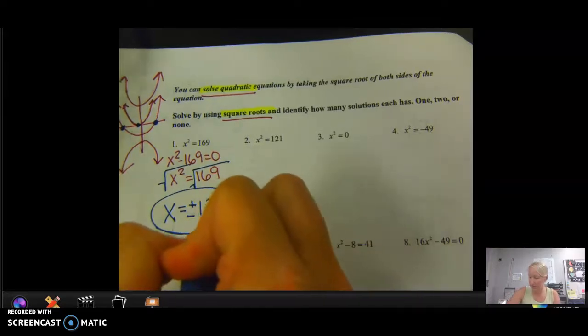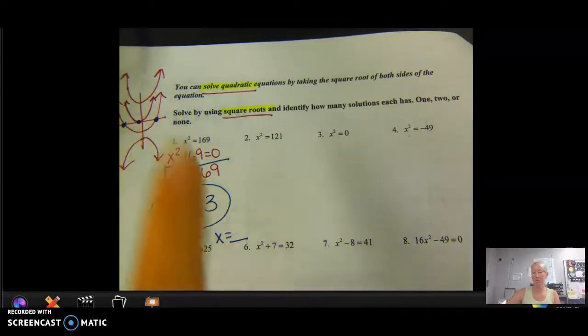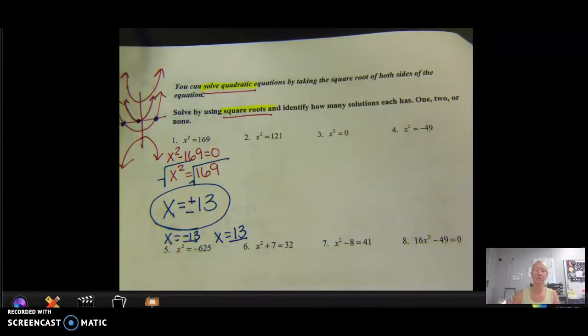So you put negative 13 into this box. And then the second solution may be your rightmost number. So that would be the positive 13. You don't put the positive sign, you would just put 13. Let's say that it had only one solution. So you'd put the one solution in the box, and then it'll tell you in the directions. A lot of times it just wants NA, or if there's not another solution. So you put NA in the next box.